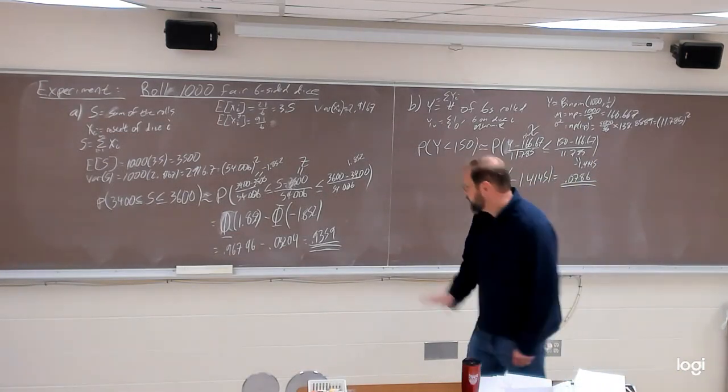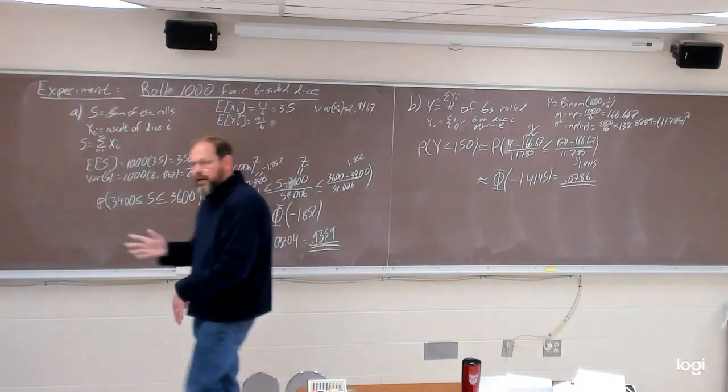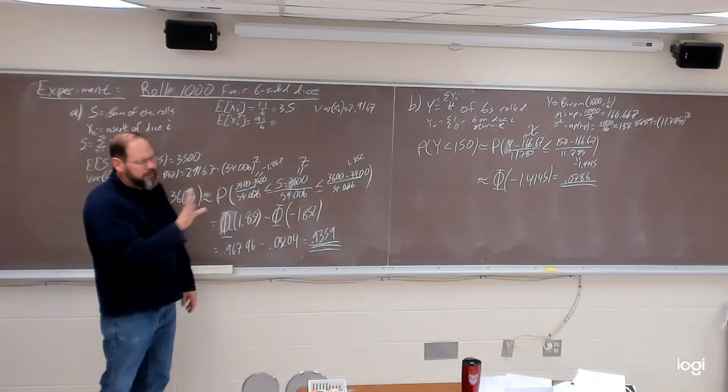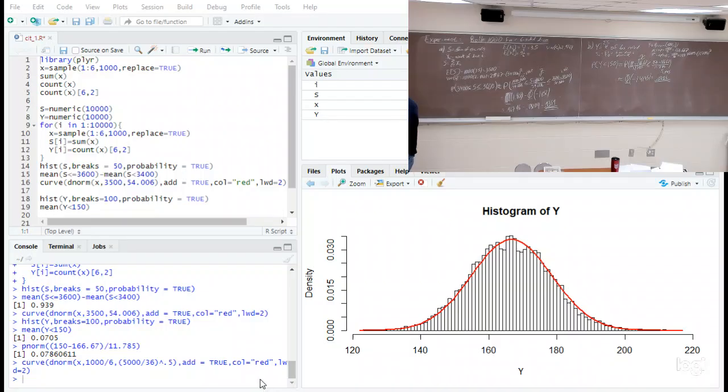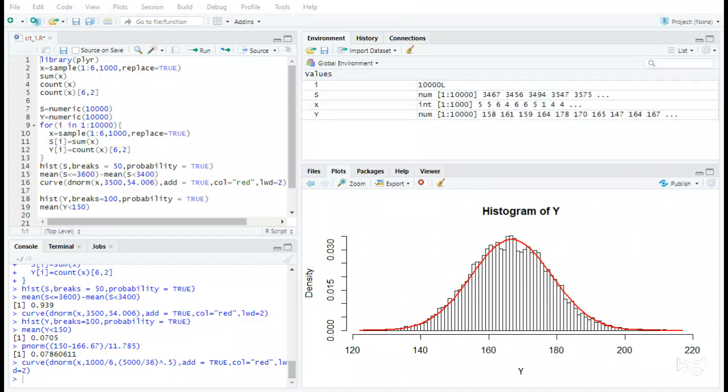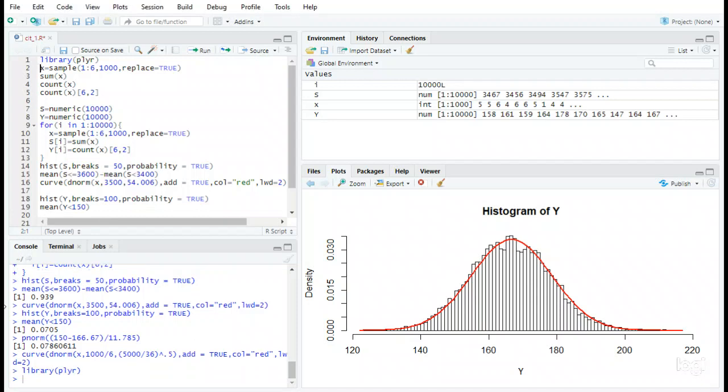So let me finish this up with R. Let me just point out, I'm going to switch over to R here. If I'm looking at R, notice what I have here. I am going to use this sample function.